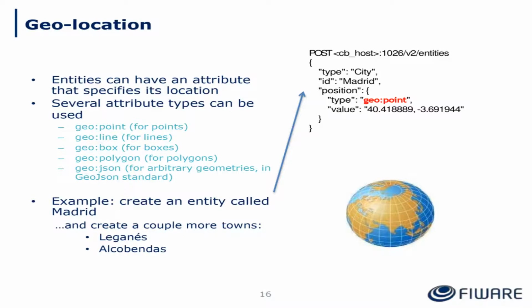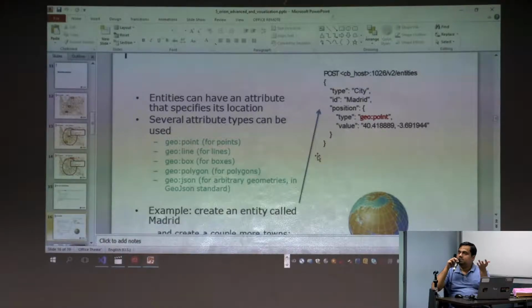You can define either a geo:point. So for instance, the museum is a point. You can draw it on the map, so you just define the coordinates of it. But let's say you're making a smart farming application, you would want to define your farm, which would maybe be a square or maybe a polygon or maybe what we call GeoJSON.